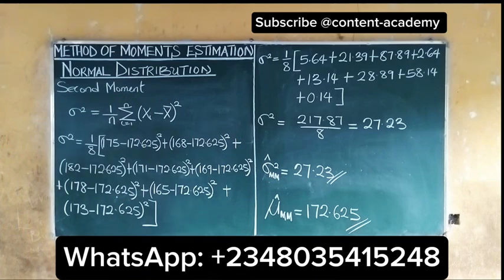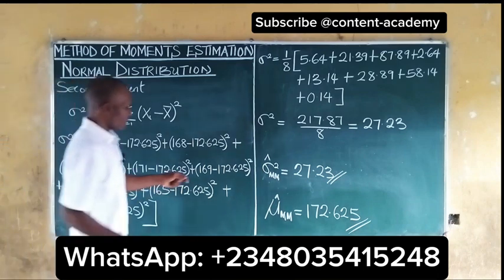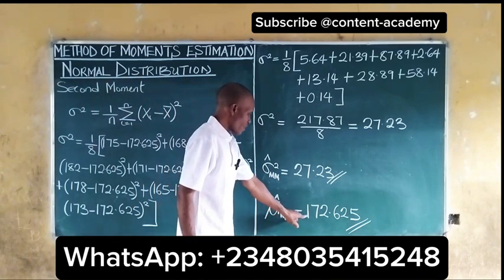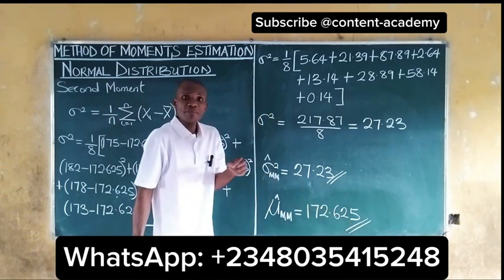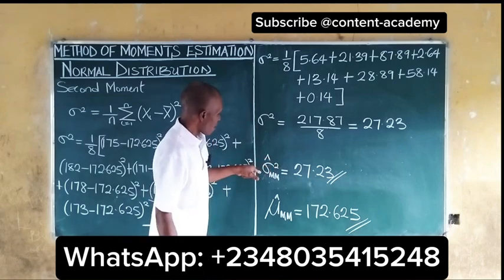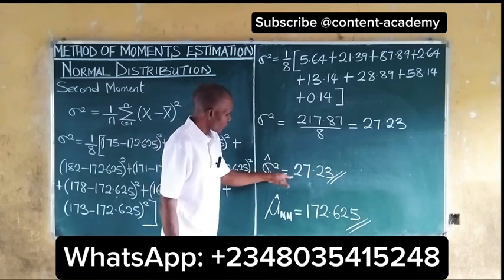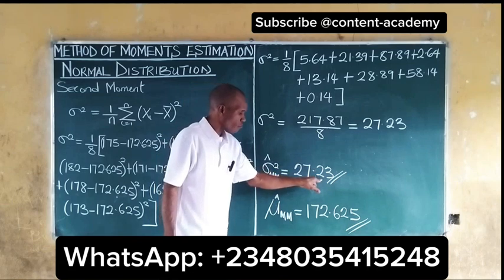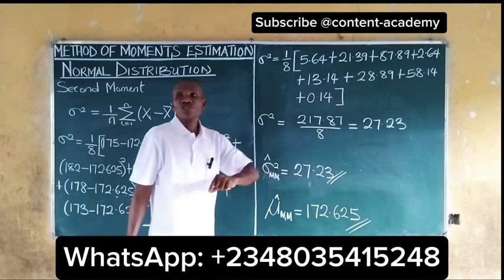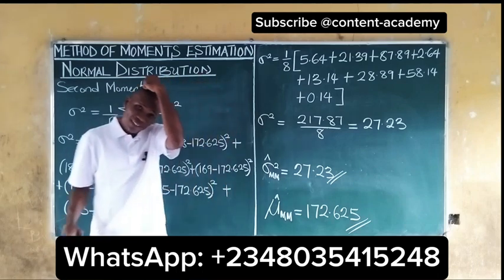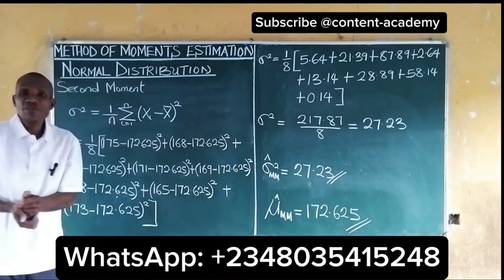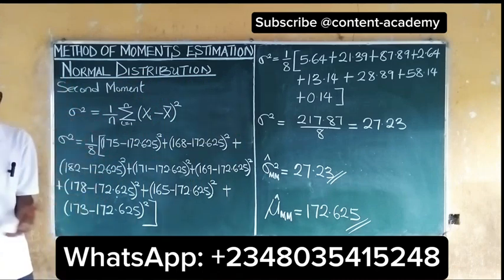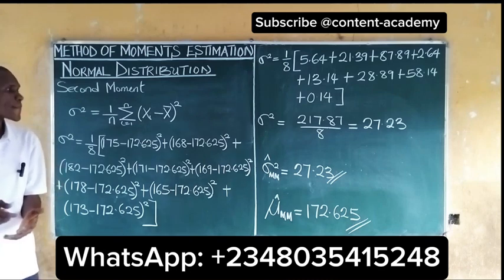So the estimated mean height is 172.625, and the estimated variance is 27.23. This is simply how we can obtain the mean and the variance for the normal distribution when given questions of this sort that involve data.